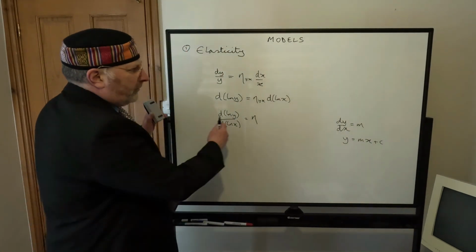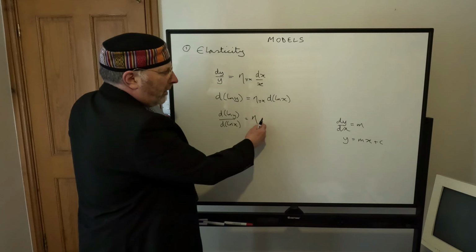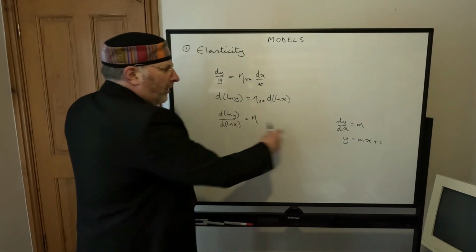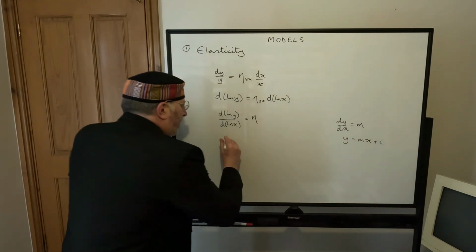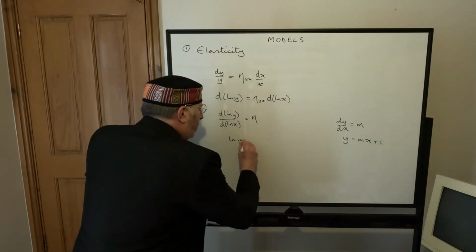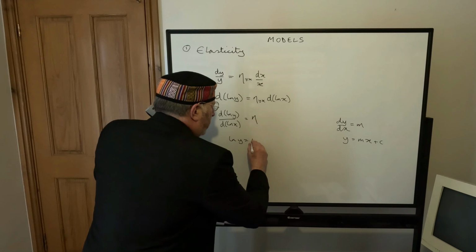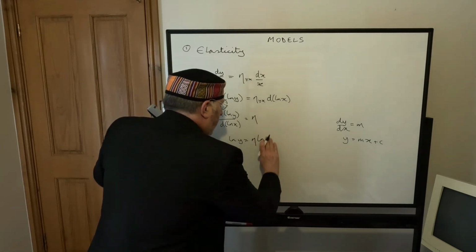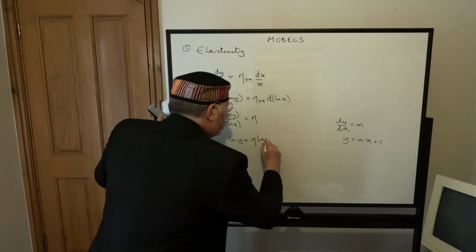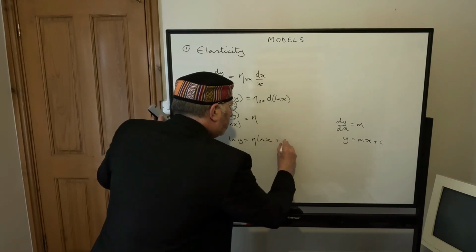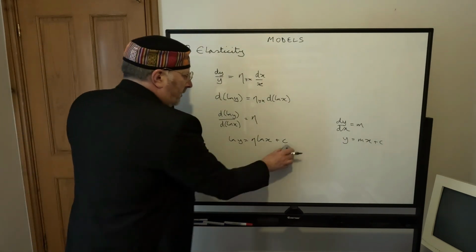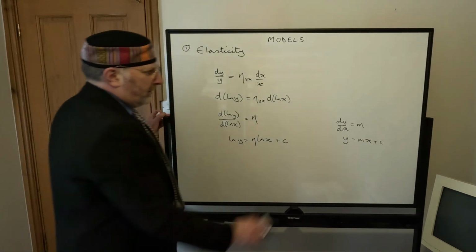So in this case we've got not dy by dx equals a constant, but d log y by d log x equals a constant. So we will have something like that, and it will be with logs. So we'll have log y equals, and the constant here is eta, log x plus c, c being a constant of integration, if you like.